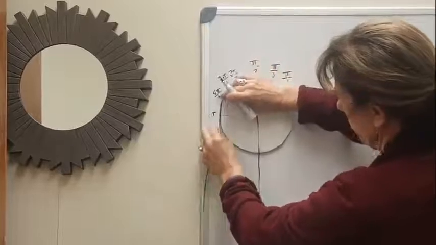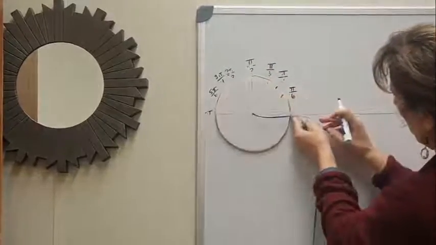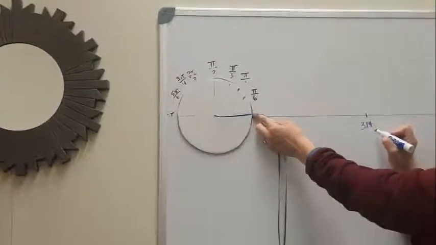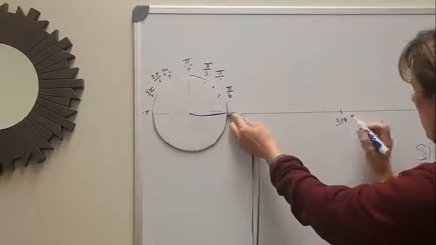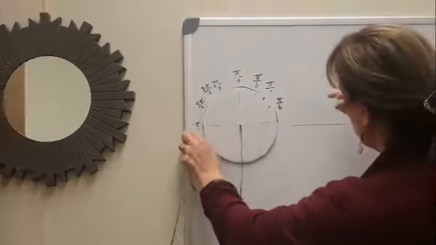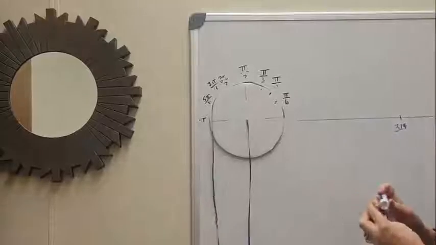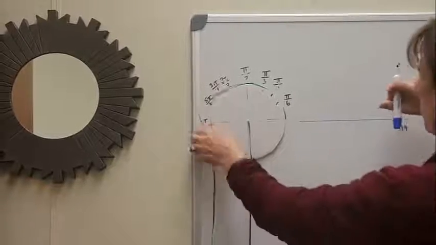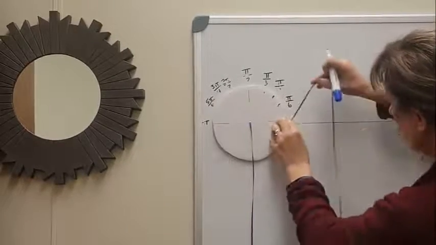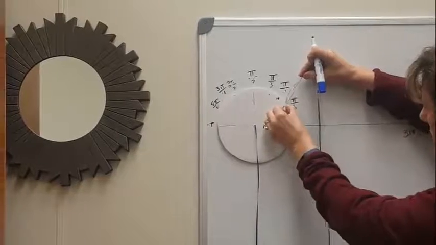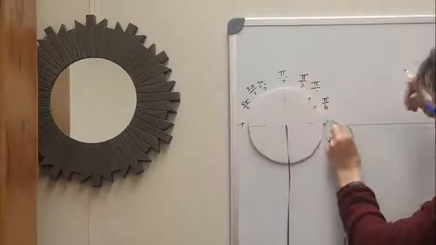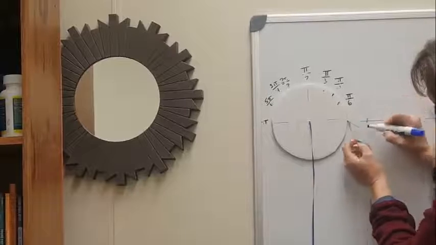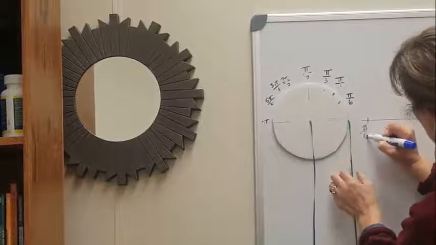Okay? There we go. So this is 2 pi radians, this is 3.14 radians. So let's do a couple more and continue to mark off in terms of radians. Pi over 6 is about half of a radian, right? 3.14 over 6, that's right here. So this measure right here is pi over 6.